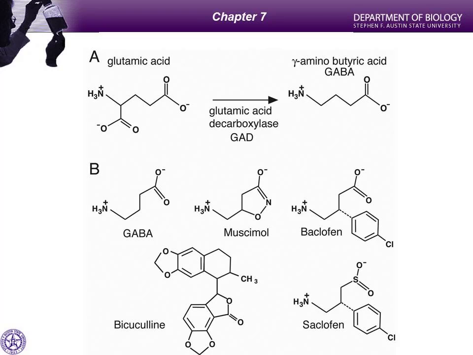GABA is, in fact, a monoamine, but instead of tyrosine or tryptophan, GABA is a monoamine of glutamic acid. And you can see some of the pharmaceuticals that are trying to replace GABA, because it's used very often in treatments for depression. It certainly is an antidepressant, many of these.